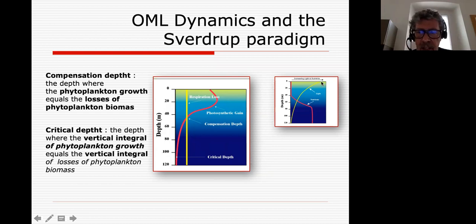You see that light, as I told you, tends to diminish with depth. So the highest light is available at the surface, and then it decreases exponentially, going down to almost zero after 100 meters. Instead, nutrients have the opposite shape.